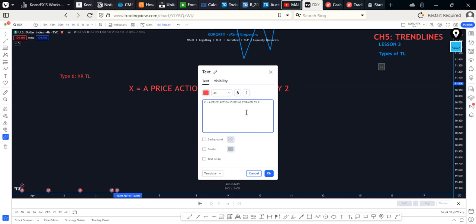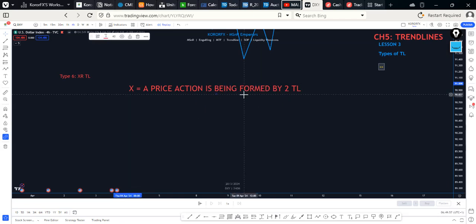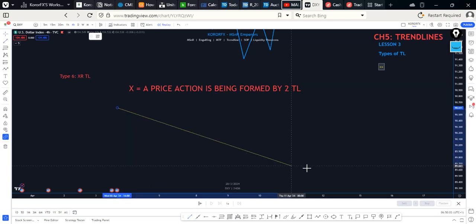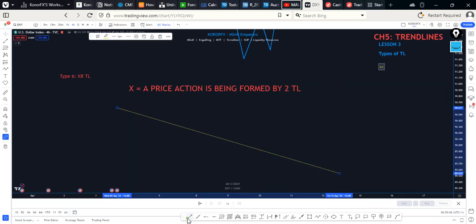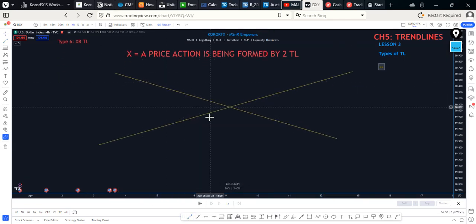All right, two trend lines, because we want the price action to form two trend lines as an X. Let me show you an example. One is like this, okay, and the other one is like this. When you see a cross of the two trend lines, the X of this cross is formed by price action. Okay, when two trend lines are crossing one another, that is formed by price action.